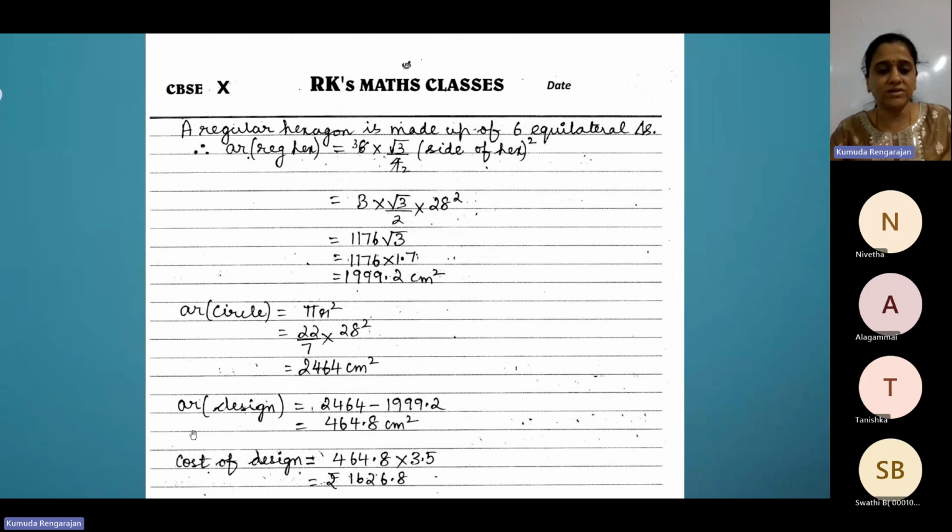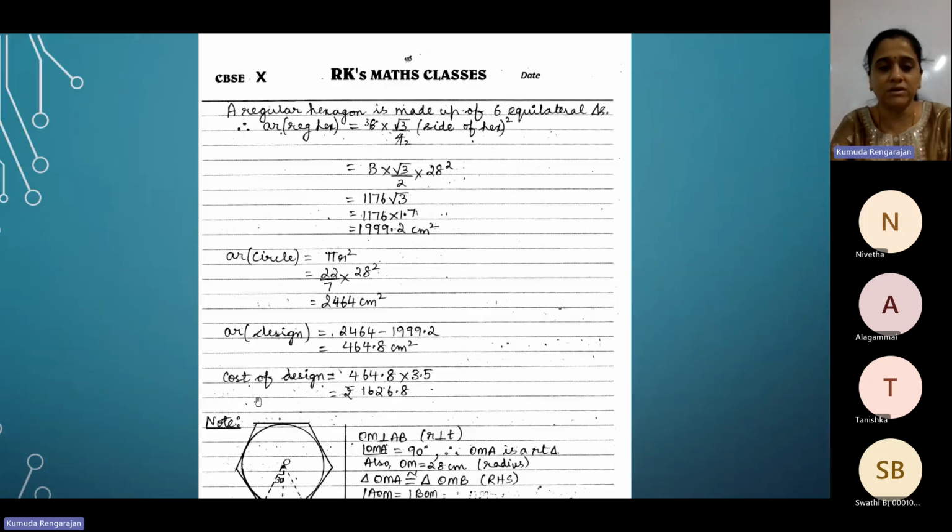Don't write area of the design, okay? Write area of the circle outside the hexagon. One minute, let me just correct that.